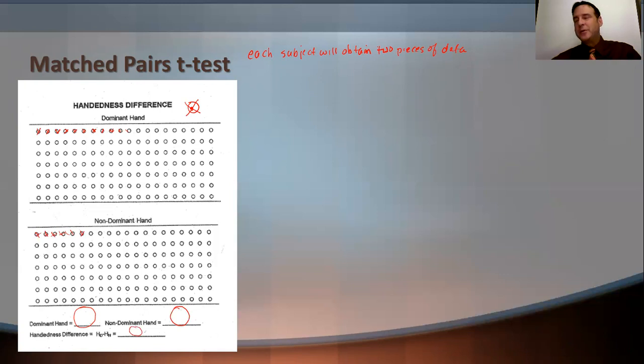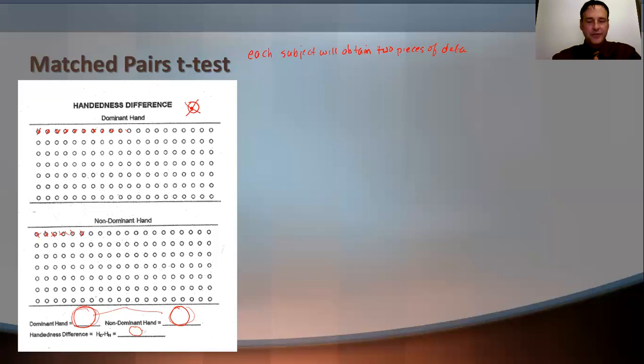So we'll assume for right now that the answer is no, and that these two items, the score for your dominant versus your non-dominant, will be very close to each other. If we assume they're very close to each other, that means the average difference should be close to zero, if that's true for everybody.